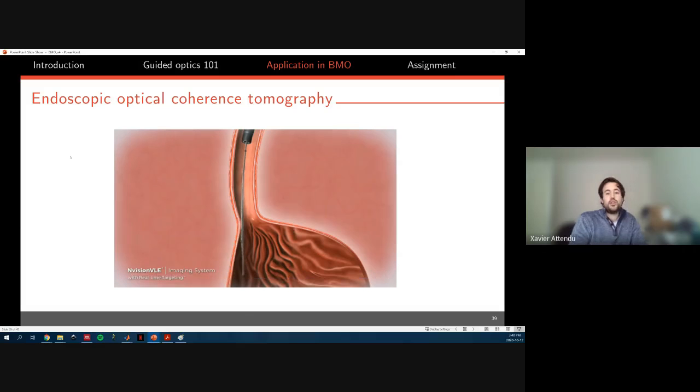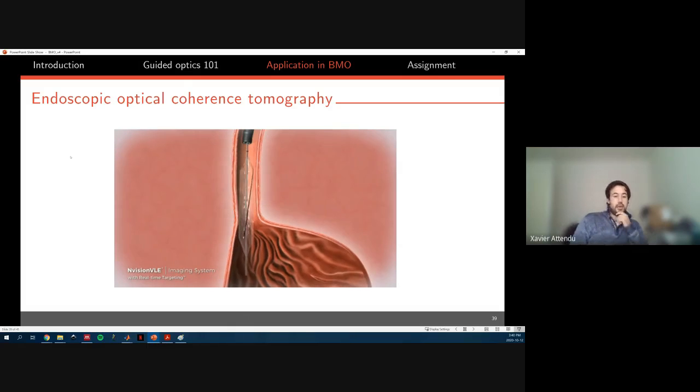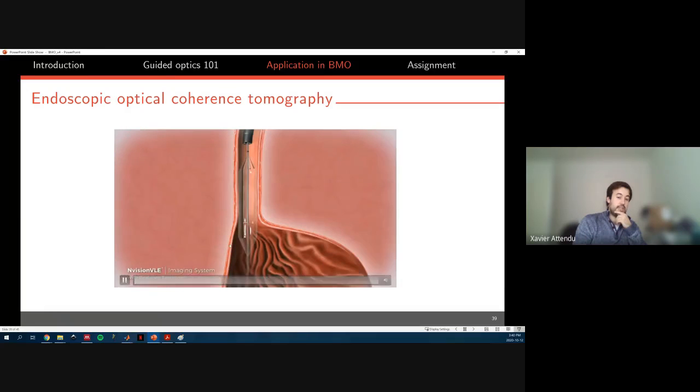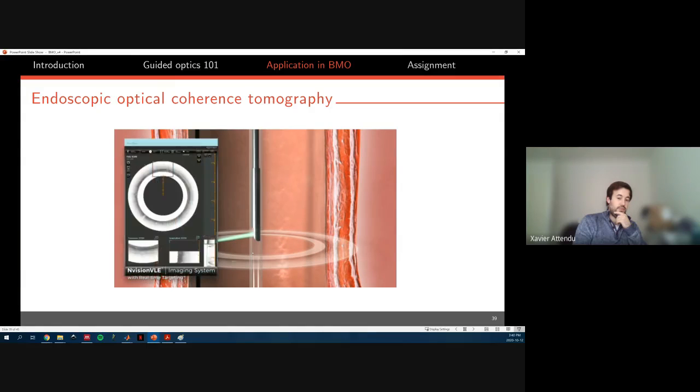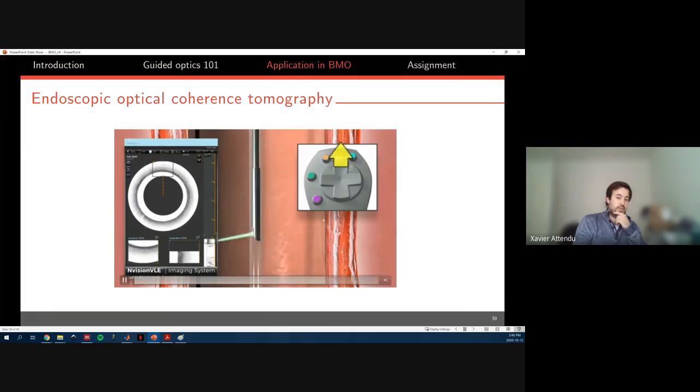Yeah, here's actually a little image. So this is an example of how OCT works based on these fiber endoscopes. So this is in the esophagus. And so these devices allow you to make complete scans with these advanced imaging technologies of these inaccessible organs.